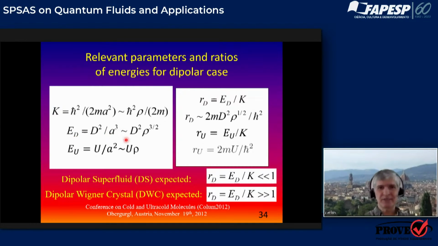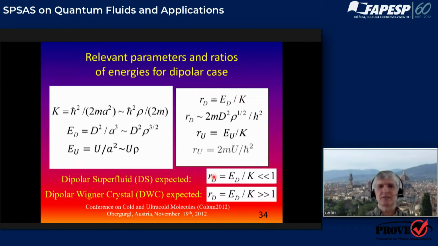So the dipolar energy scales as rho to the 3/2. And the contact interaction energy, U, which has dimensions of energy times area, divided by the area, is proportional to rho.